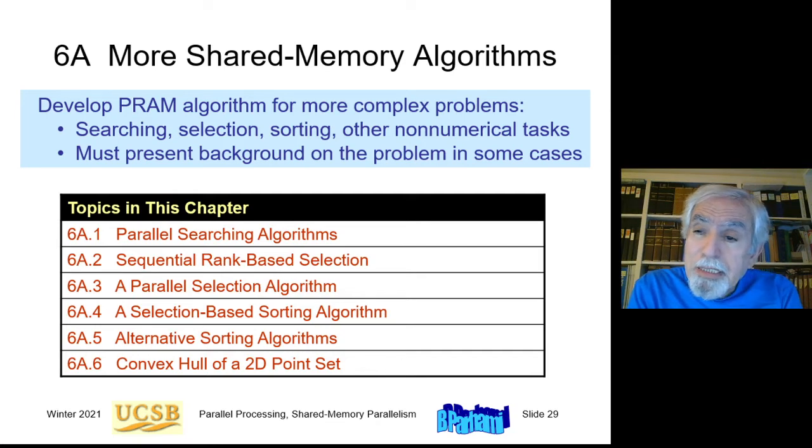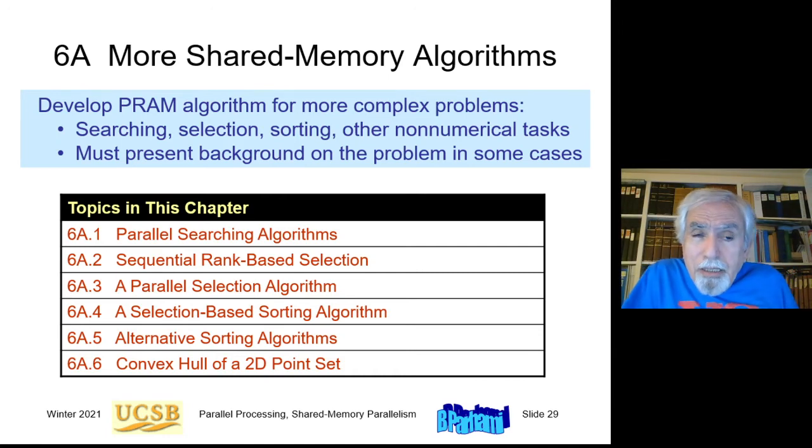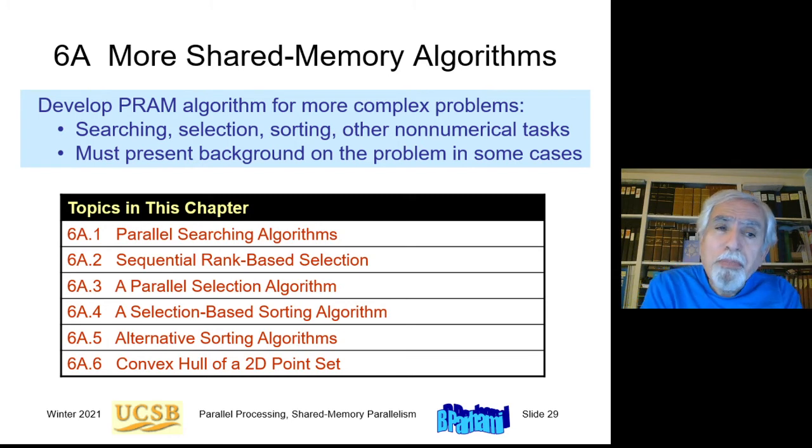So this is mostly the old chapter 6 in the book, which is called chapter 6A, with a few minor additions. And then chapters 6B and 6C, which will be covered in lecture 6, will deal with implementation aspects of shared memory parallel processors.